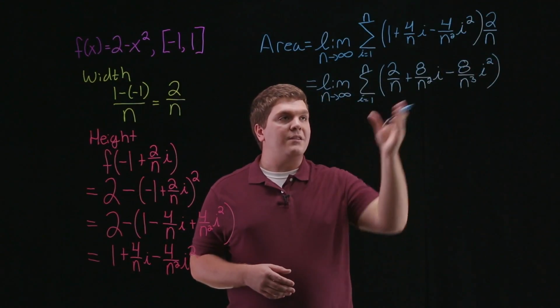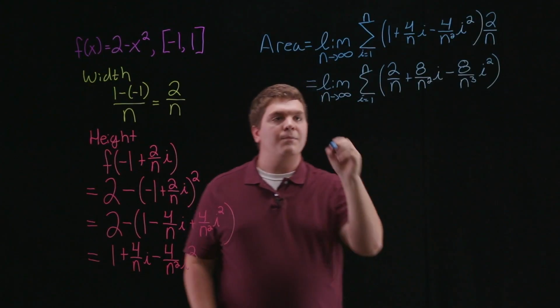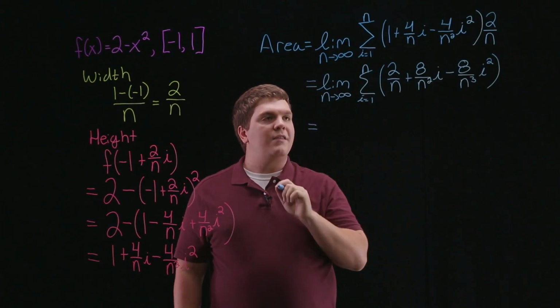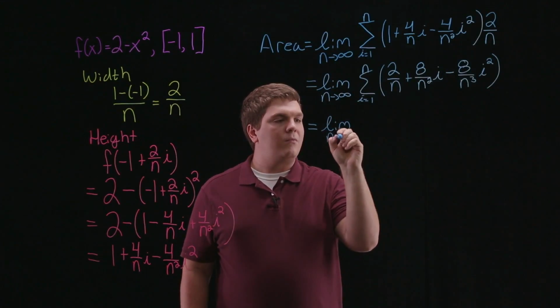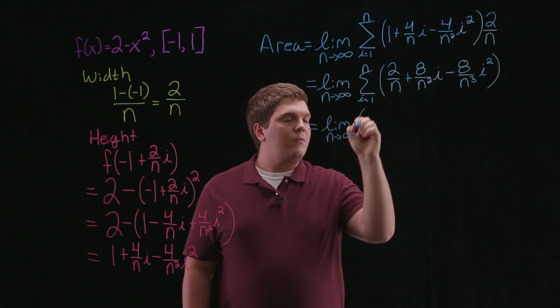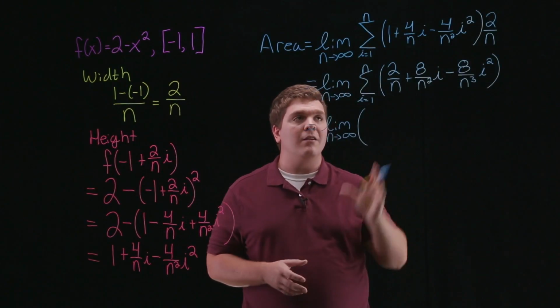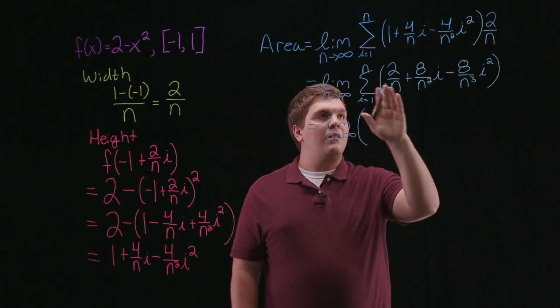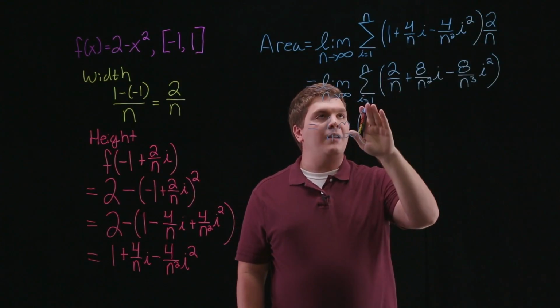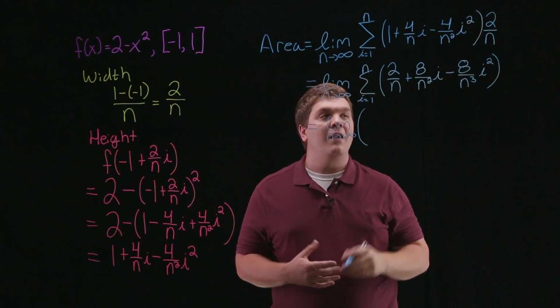Now we can use the properties of summations to rewrite this. So let's just leave this limit as n approaches infinity out front, and I'm going to put a parenthesis here since we're going to be breaking this sum up. Let's just look at this sum from i equals 1 to n of 2 over n.